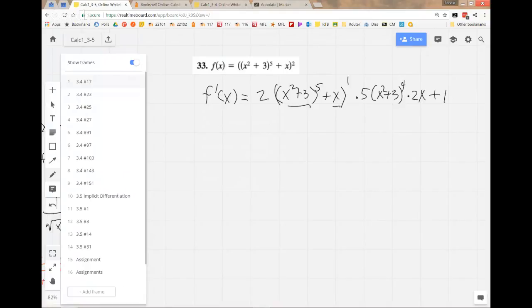So now, can we simplify this thing? Well, a bit. Let's multiply this 2 out. 5 times 2x is 10x.